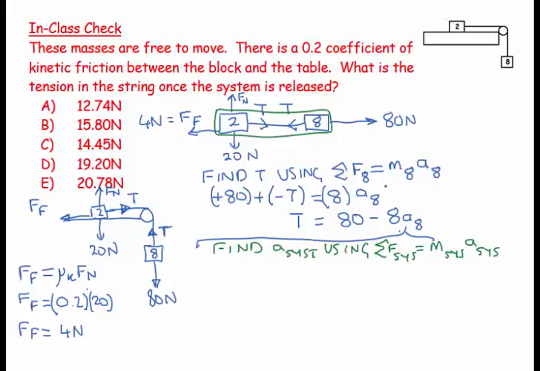So if I look at this, the plus 80 is that external force, added to the minus 4, that external force, is equal to the mass of the system, which is 8 plus 2, times a system.